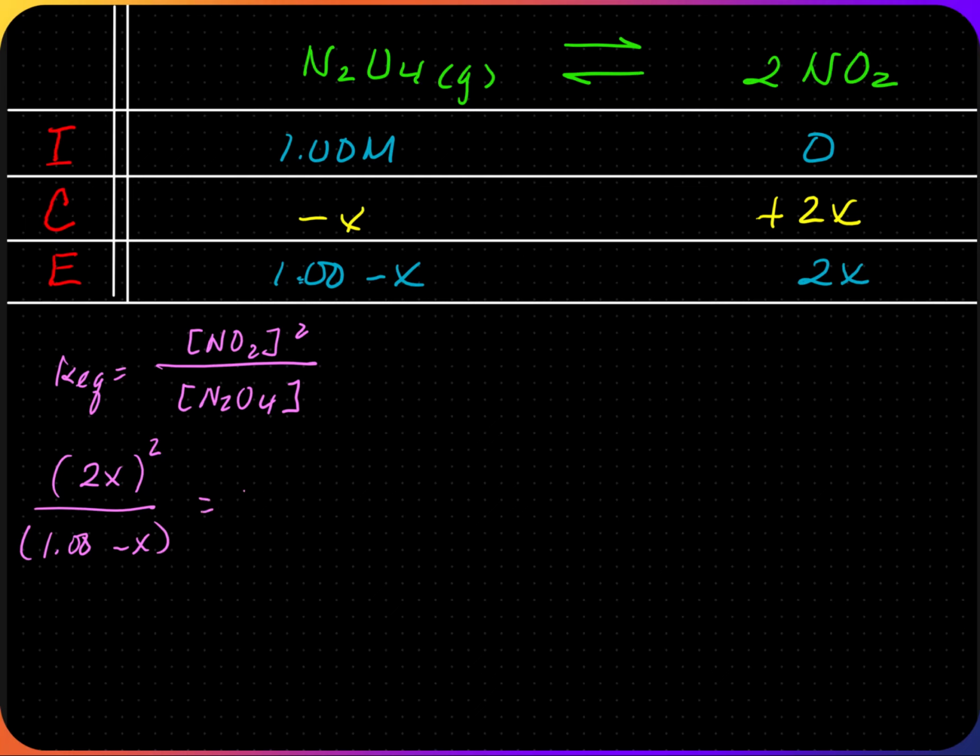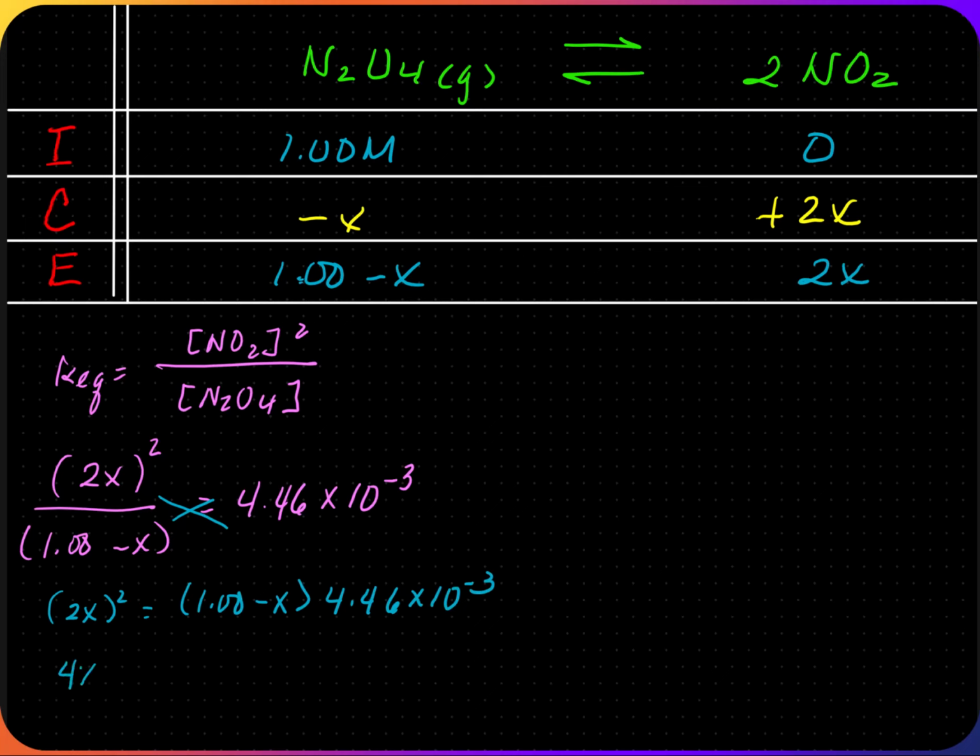This is going to be equal to 4.46 times 10 to the negative third. So now I'm going to cross multiply like this. So that's going to be 2x squared is equal to 1.00 minus x times 4.46 times 10 to the negative third. And I'm going to square the left side, so that becomes 4x squared.